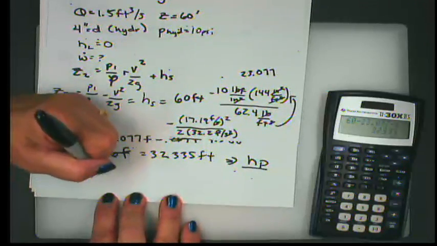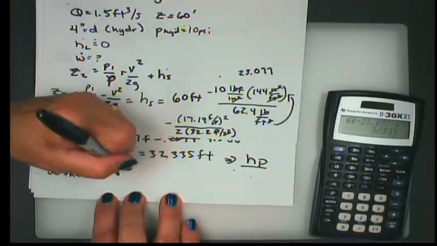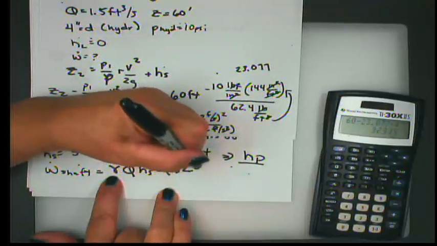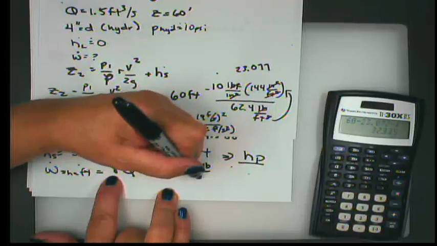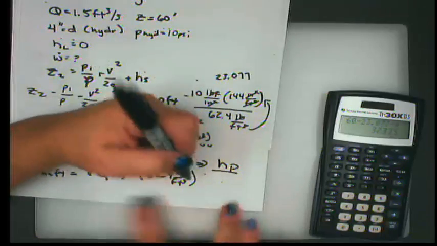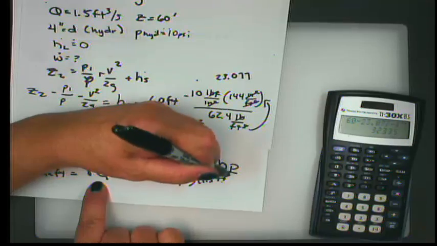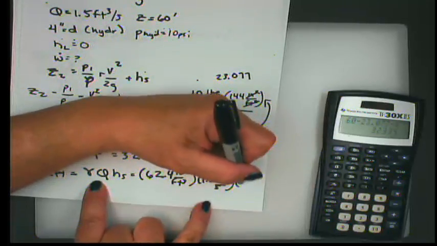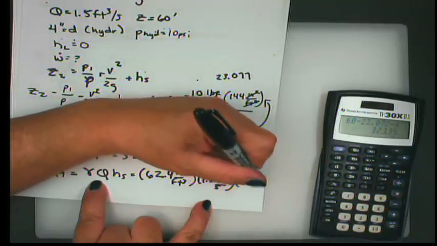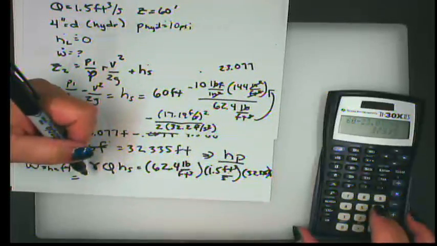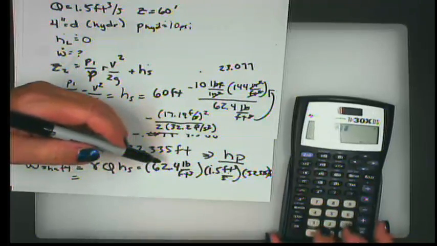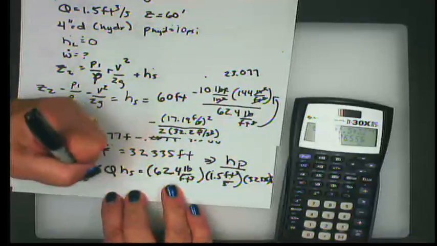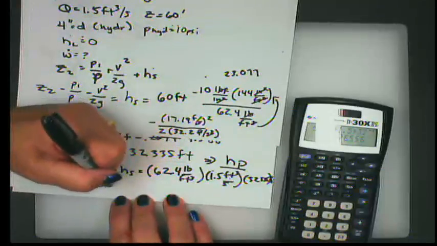If we take gamma times Q times h sub s, gamma being the weight of water, 62.4 pounds per cubic feet, multiplying that by the Q, which is 1.5 cubic feet per second, and multiplying that by the feet that I need to gain, 32.335 feet, I get 62.4 times 1.5 times 32.335, which is 3,026.556.